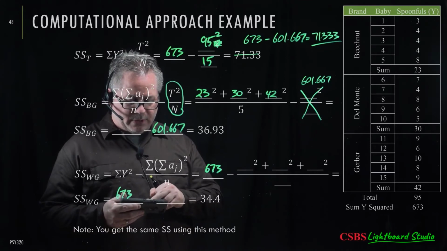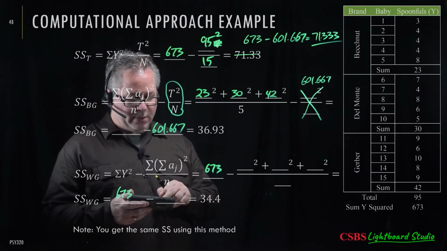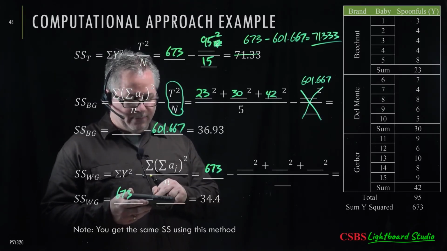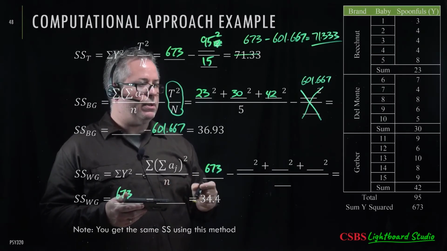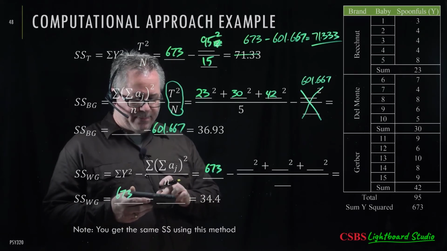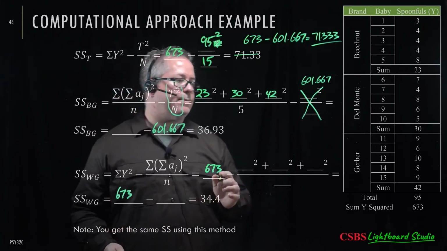So 23 squared plus 30 squared plus 42 squared equals, and I'm going to divide that by 5, is 638.6, okay?